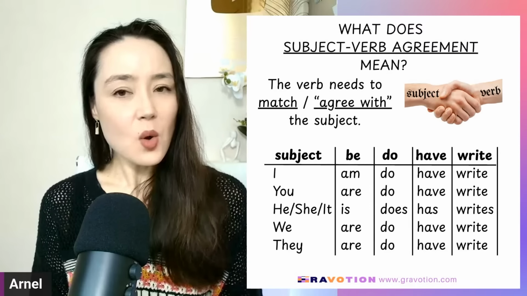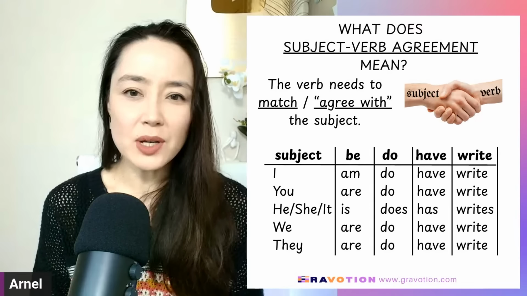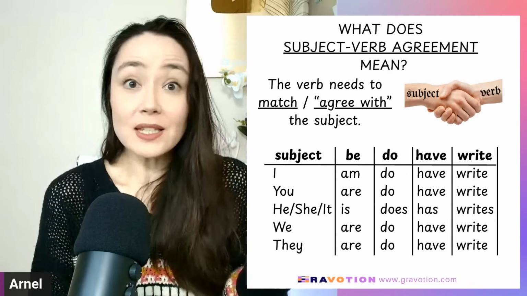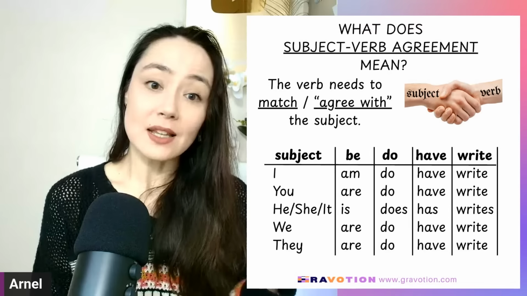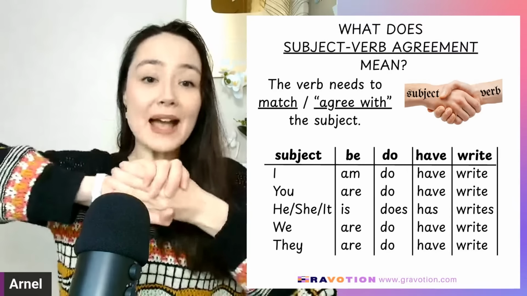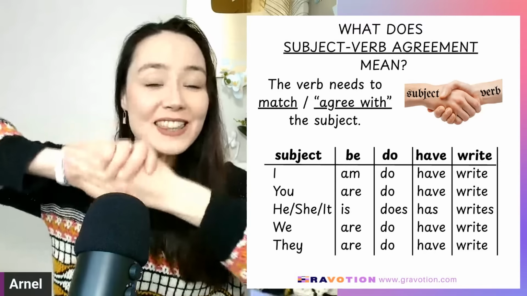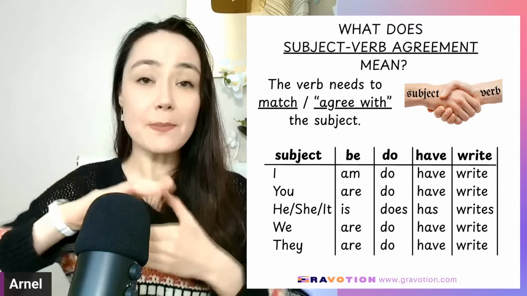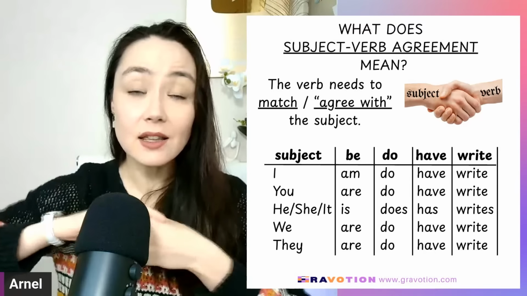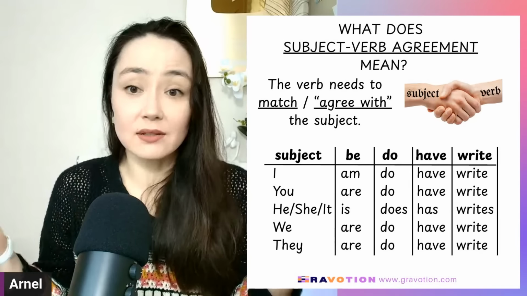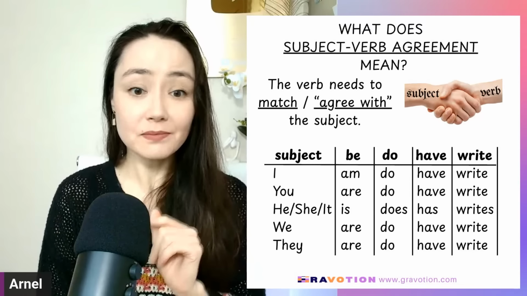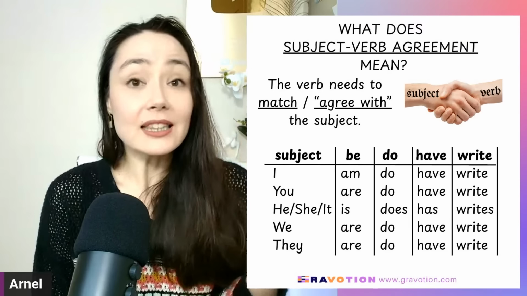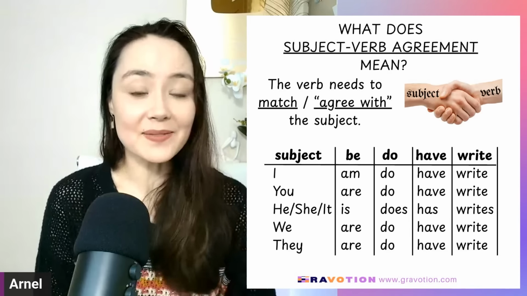First, what does subject-verb agreement mean? I know you've heard of it, but what does this mean? This means the verb needs to match, needs to agree with the subject. Look at the picture. Two people are shaking hands. They agree. Subject, verb. You already know this. Let's take the verb be.